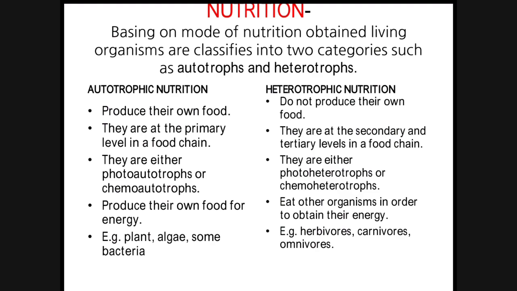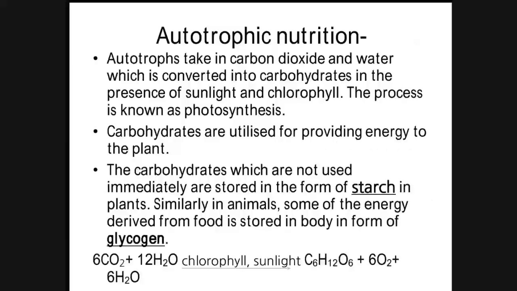For example, autotrophs are plants and some bacteria. In heterotrophs, we can take the example of all the herbivores, carnivores, omnivores, etc. So these are some common points regarding the difference between autotrophic nutrition and heterotrophic nutrition.